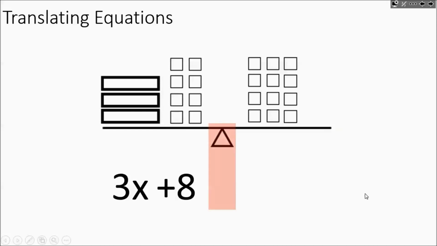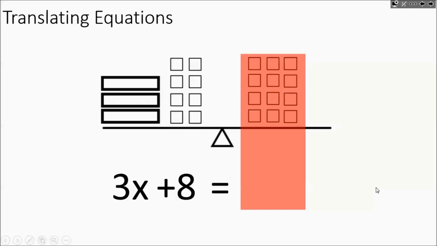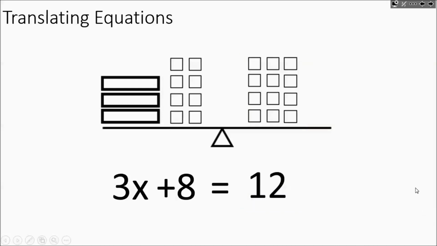We have the balance point, which is going to be your equal sign. And then we have 3, 6, 9, 12. We have 12 of our constants on the other side of the equation. And that's it. This picture represents 3x plus 8 equaling 12.